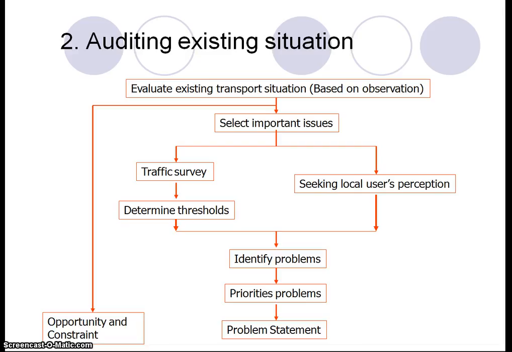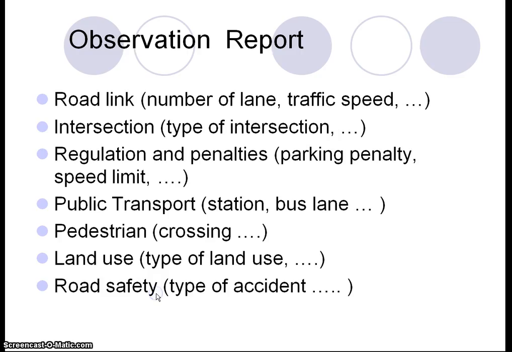And then identify problem, of course, and then we prioritize the problem and we put the problem statement. At the same time, we can observe the city, the opportunity and constraint for the improvement.